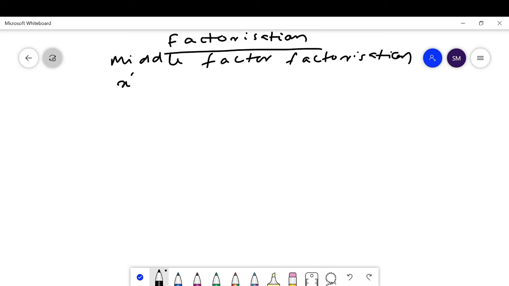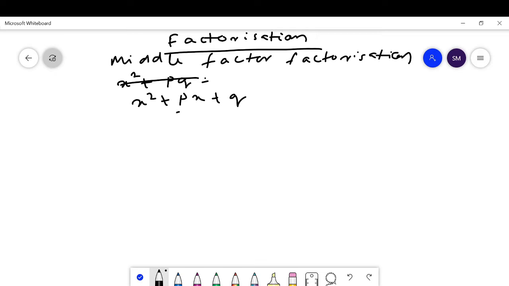Just look here. Suppose x square plus px plus q is the algebraic expression. We have to use middle factor factorization to factorize it.